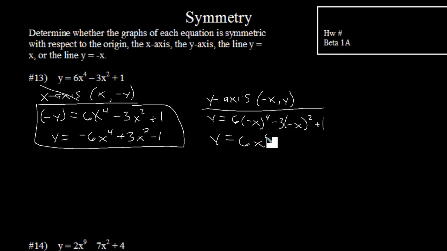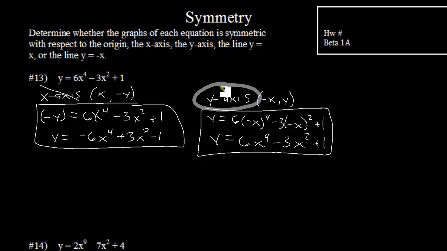A negative to an even power is going to be positive. So you get a subtract 3 times a positive x squared is a subtract 3x squared. That's the same as the original. So it is symmetric with respect to the y-axis.